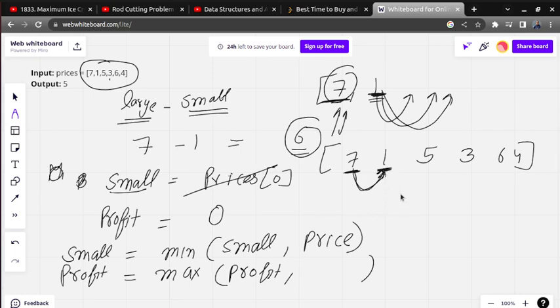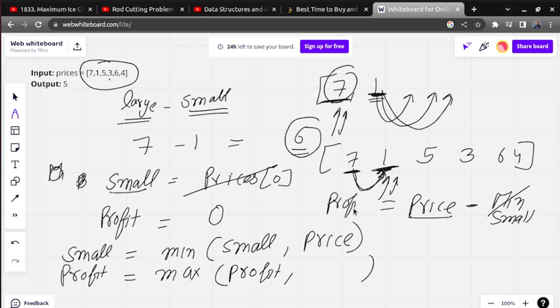The profit will be the current value where we are on the array, the price, minus the minimum value, the smallest value. At every step we calculate the profit as well. So profit will be the maximum of profit and price minus small. These two things we calculate in a loop and we get our solution.